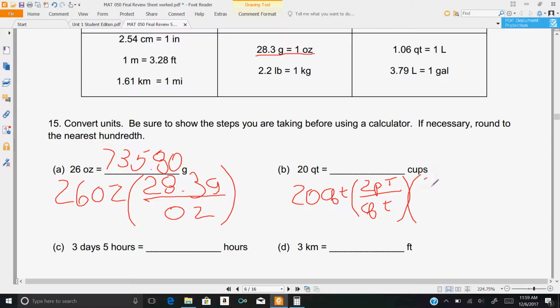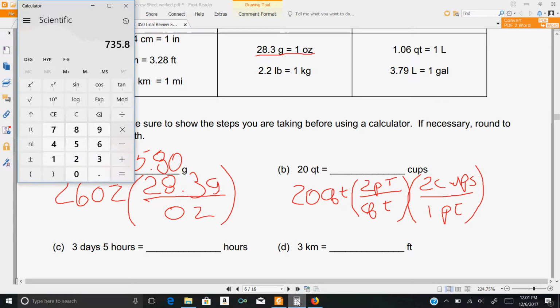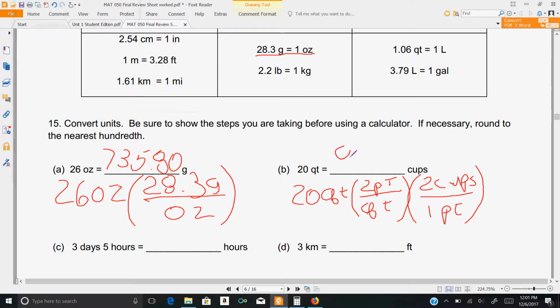And I know there are 2 cups per 1 pint. Well, calculator. 20 times 2 times 2. And I'm pretty sure that's going to be 80. So I get 20 quarts is 80 cups.